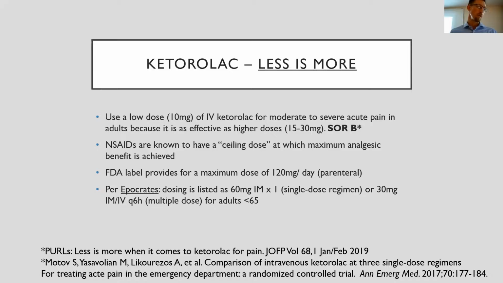The baseline pain scores were similar for all groups, and all 3 doses of ketorolac decreased pain significantly at 30 minutes, but there was no difference between the groups. And there was no difference in the number of patients who needed rescue medication at 30 minutes between any of those groups. So their conclusion from that study was 10 is just as effective as 30.